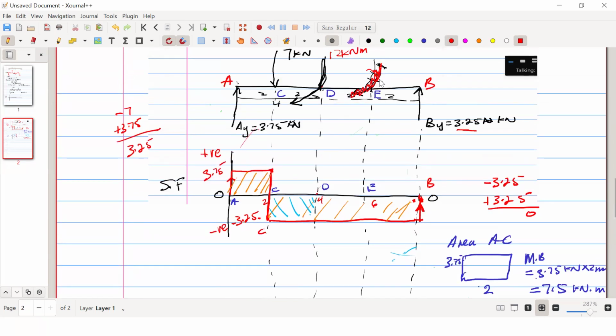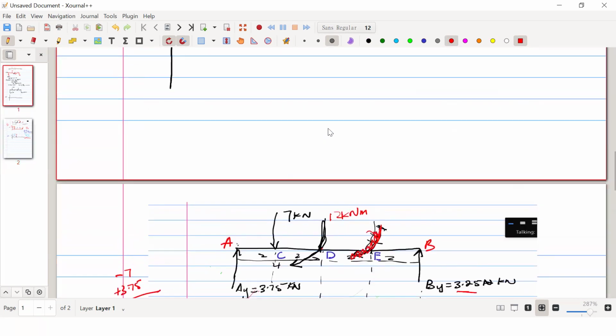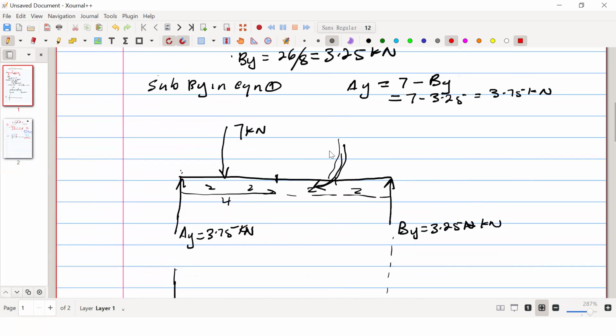Remember, this was drawn in the incorrect position. So this diagram up here, this bending moment, is actually at the wrong position. Looking at the diagram, it should be right here, not where I have it.